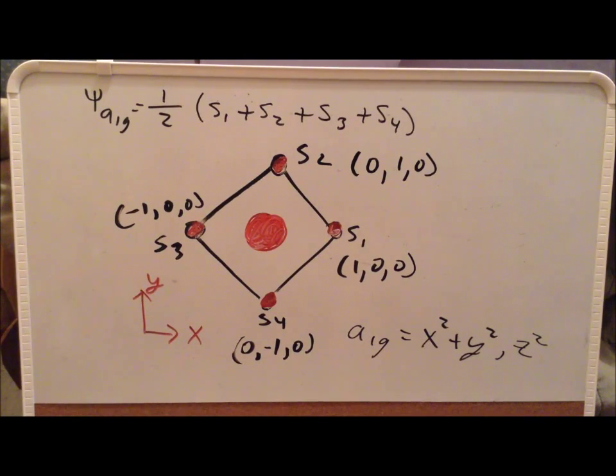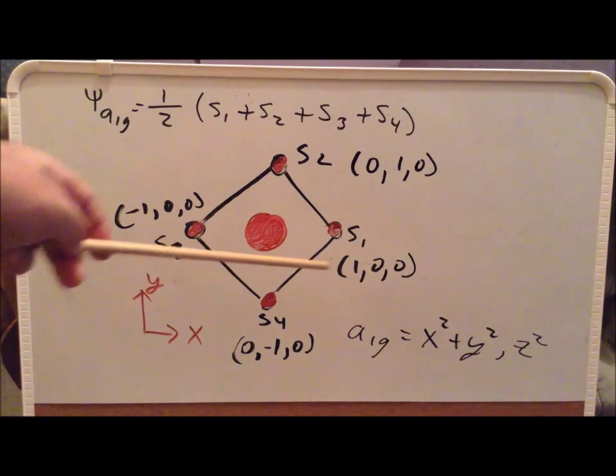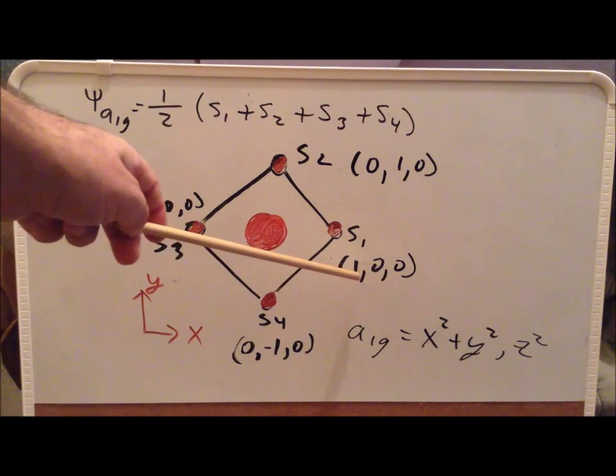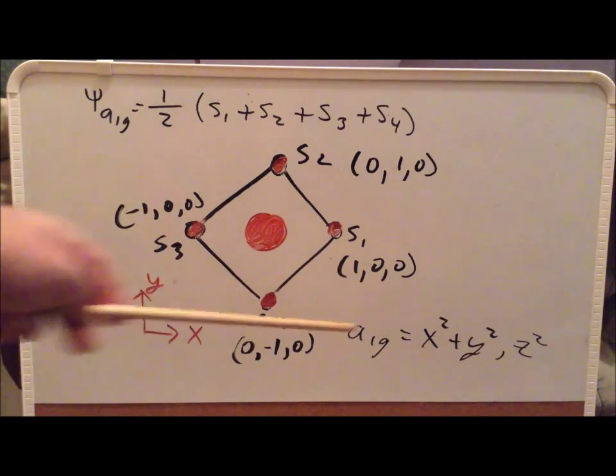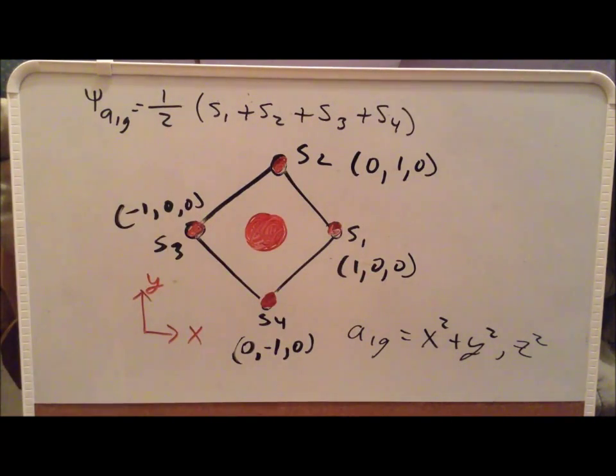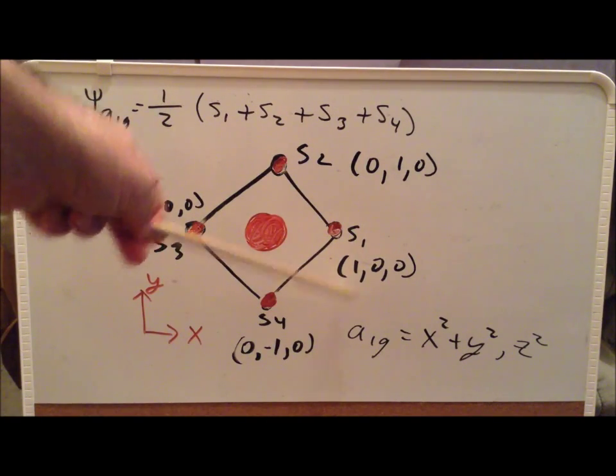The first symmetry adapted linear combination that we are going to derive is going to use the A1g irreducible representation. If you look on the character table, you'll see that the first basis function that's listed is x squared plus y squared. So we notice right away that for each of these coordinates, whether it's a 1 or a -1, for the x or y coordinates, whenever we square that, we automatically get a +1, and we only have a non-zero value for one of the coordinates.